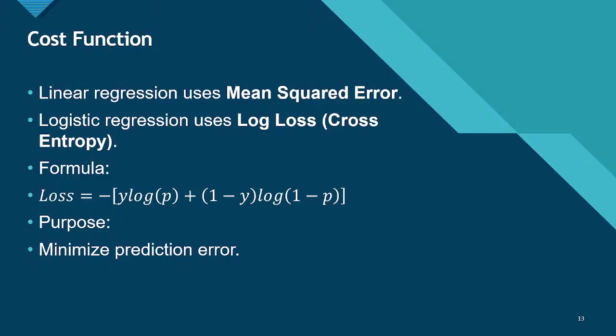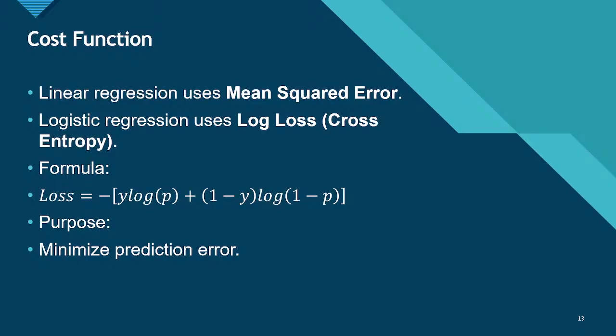So minimizing the loss ensures the model predictions match the actual labels as closely as possible. Think of it as punishing wrong predictions more heavily than correct predictions. The model adjusts its weights and coefficients to reduce the loss across all training examples. The smaller the loss, the better the model is at predicting the correct class.